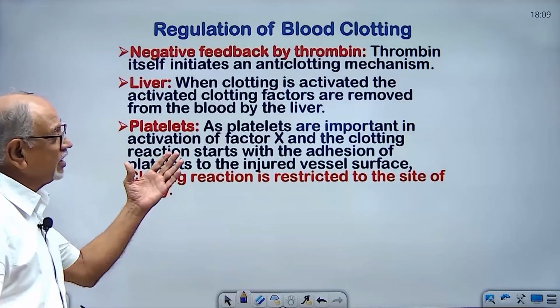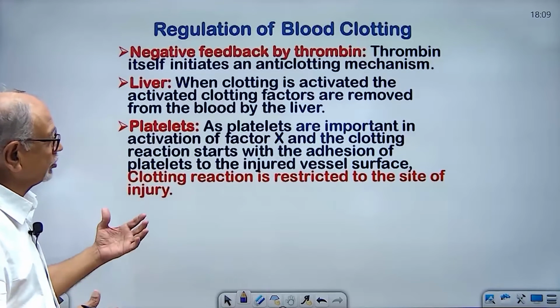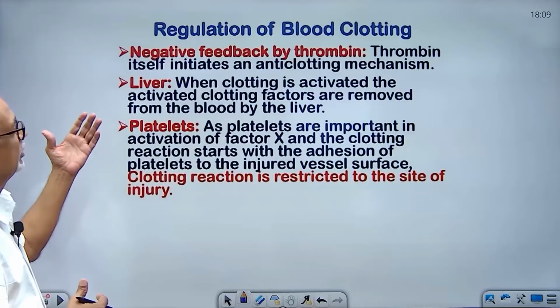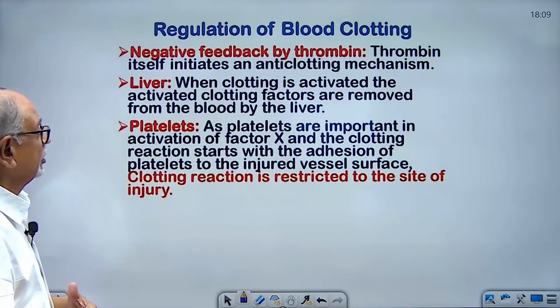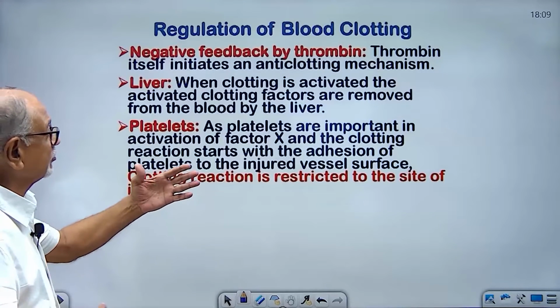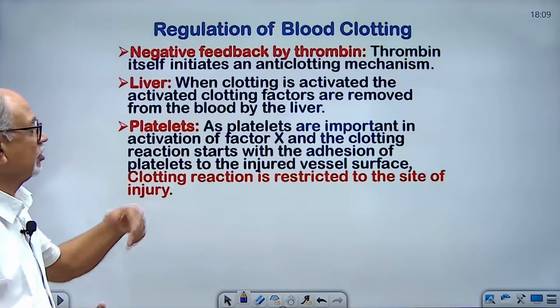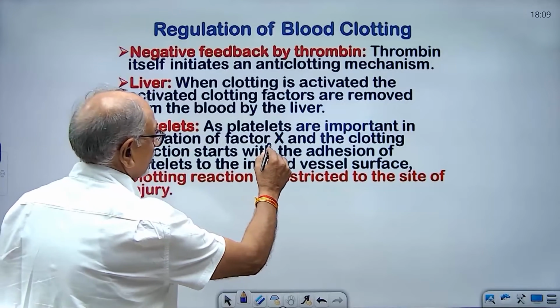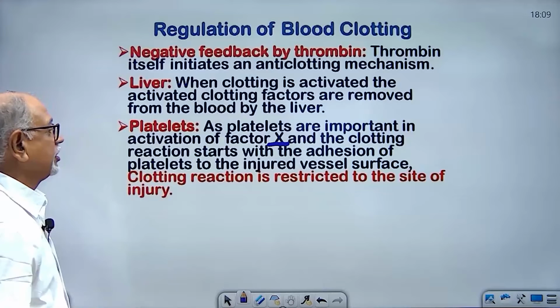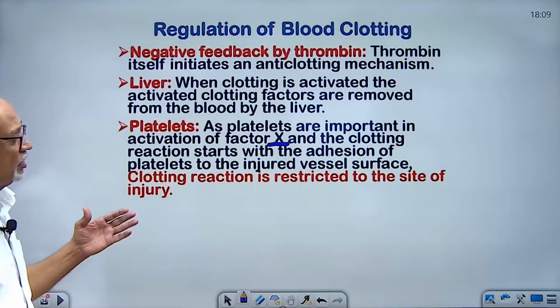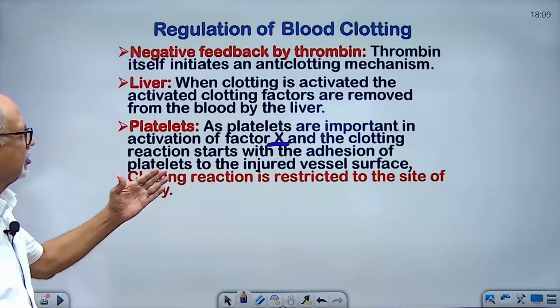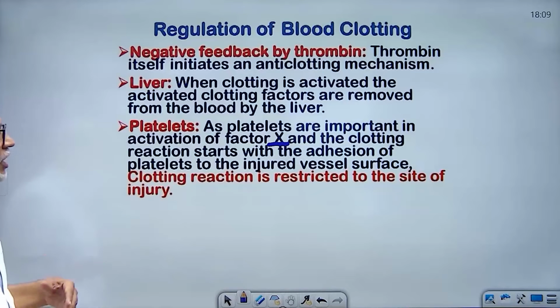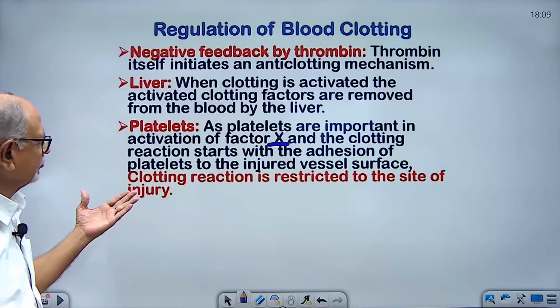Then platelets also play an important role in the regulation of clotting. The platelets are important in activation of factor 10 in the clotting reaction, which starts with the adhesion of platelets to the injured vessel surface.